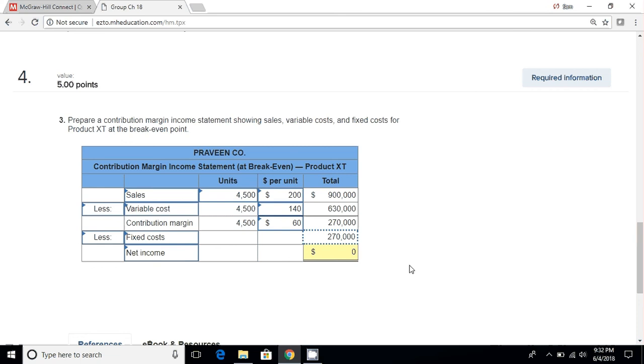And look at what happens. So it proves that the formulas work no matter what, because there's the number of units that we projected, there's the amount of dollars that we projected for sales at break even, and then once we take the variable cost and the fixed costs away, we're left with a net income of 0.